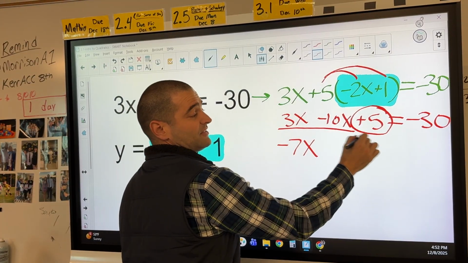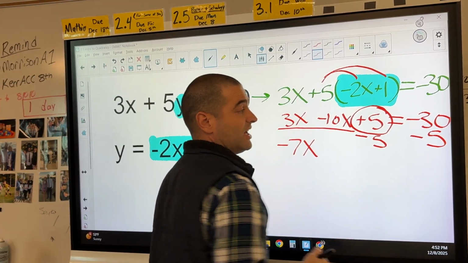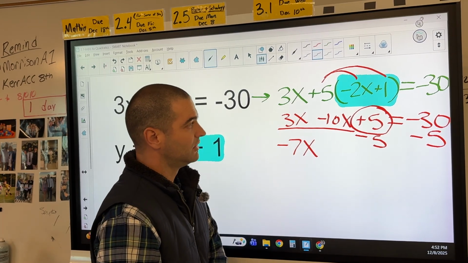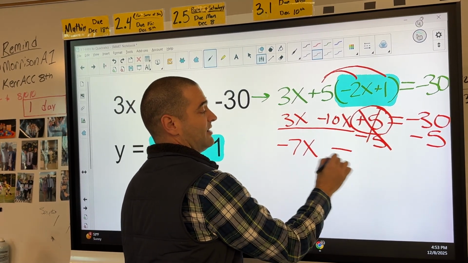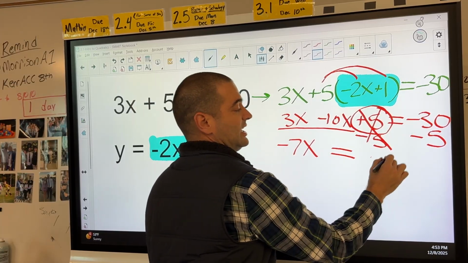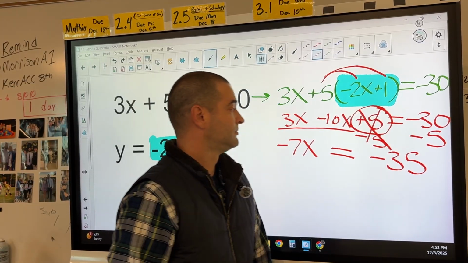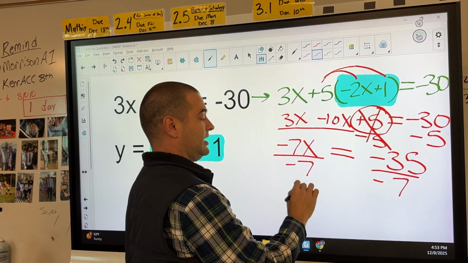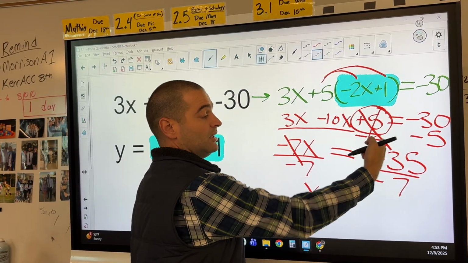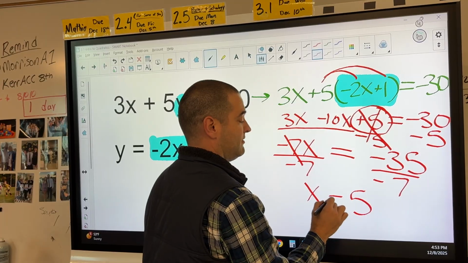I know I need to get rid of plus 5, so I'm going to go ahead and minus 5. Do 2 steps in one. Plus 5 minus 5 cancels out. I have negative 7x equals negative 35. Divide by negative 7, and we get x equals positive 5.